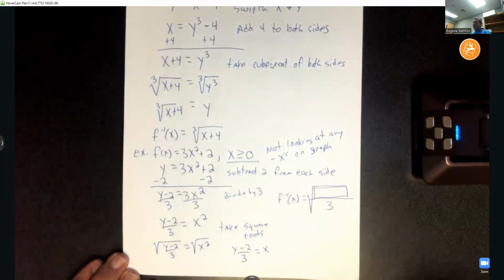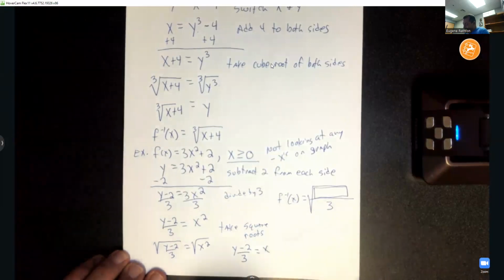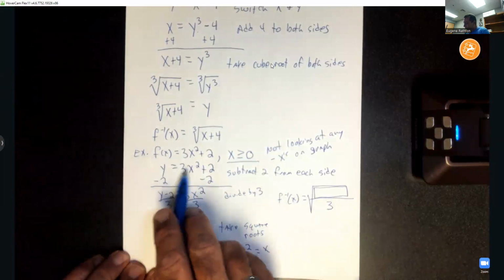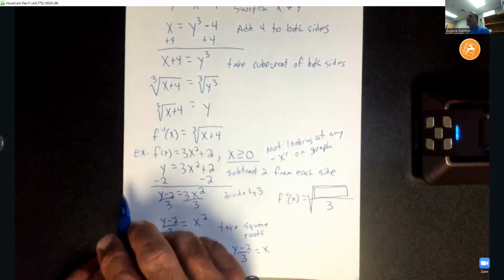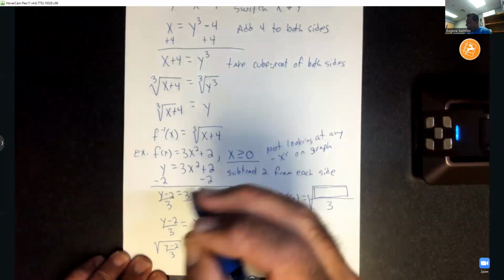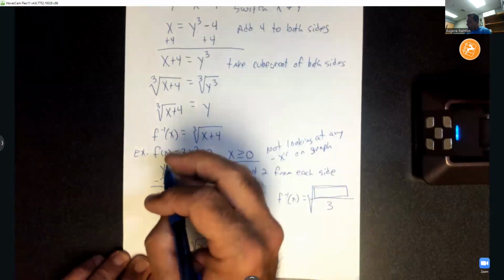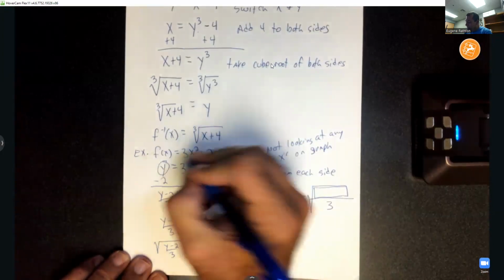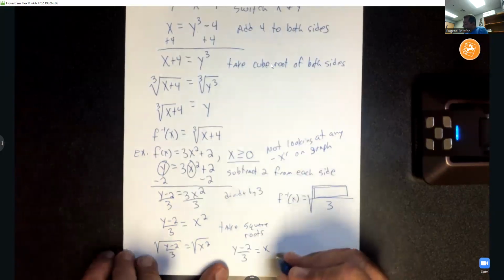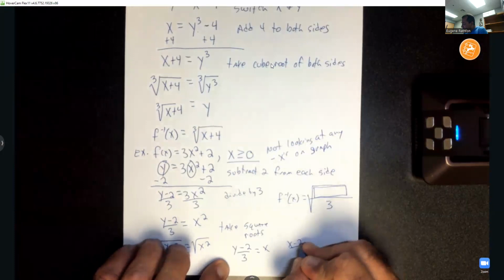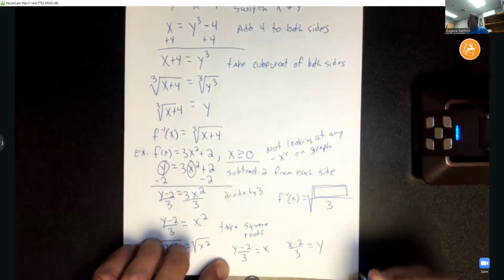Y'all know what we did? Okay, so way back up here, we need to switch them. So I got all carried away. So remember, this should be an x and that should be a y, okay? So when we're done, we should get x minus 2 over 3 equals y.